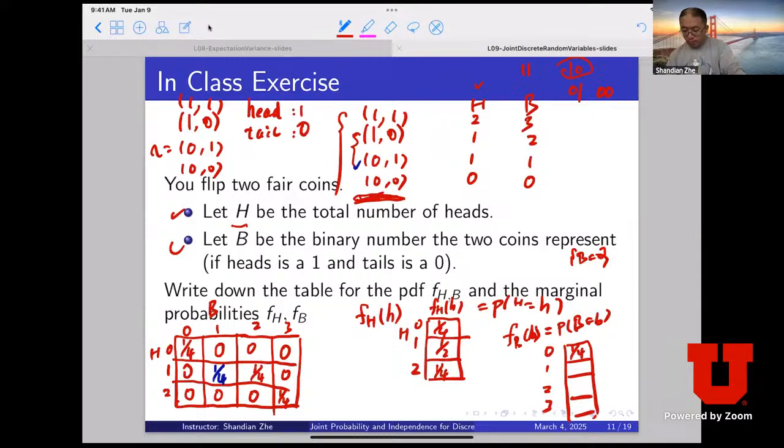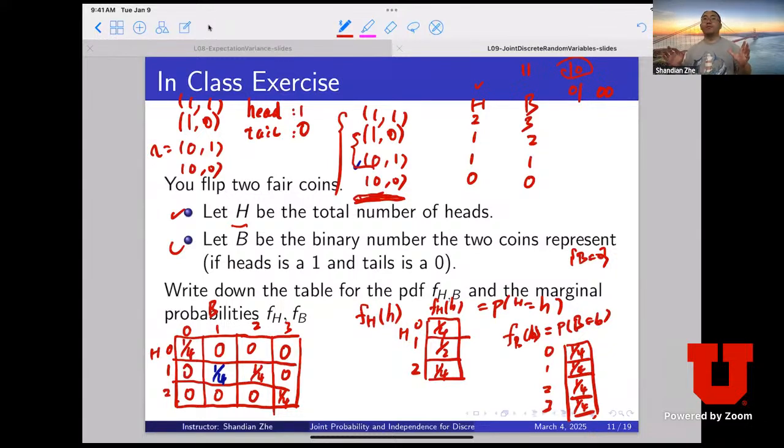So what is the PDF of B at 1? 1/4, right? There's only one outcome, 0, 1, that gives B equals 1. And what is the PDF at 2? 1/4, right? And the last one is 1/4.